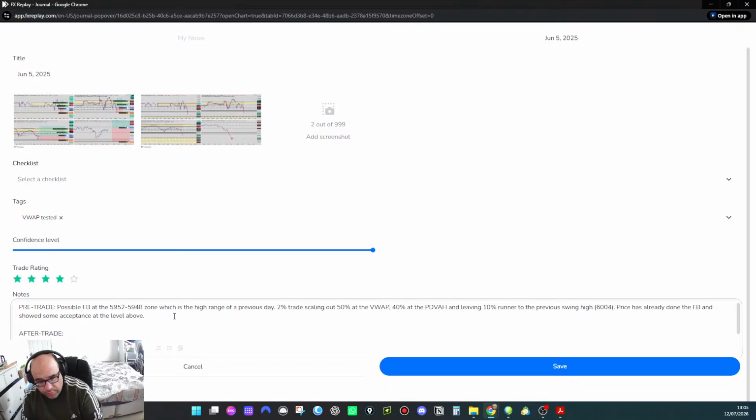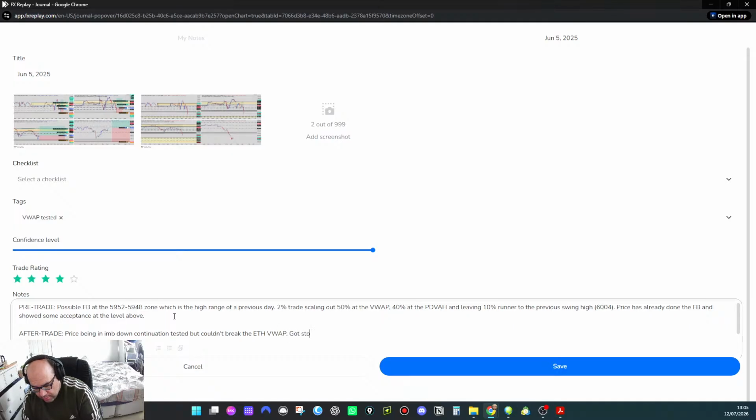After trade or post trade, we can see price being in imbalance, down continuation. Tested but couldn't break the ETH VWAP.